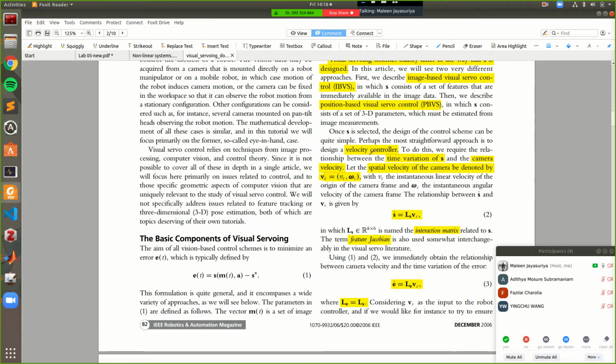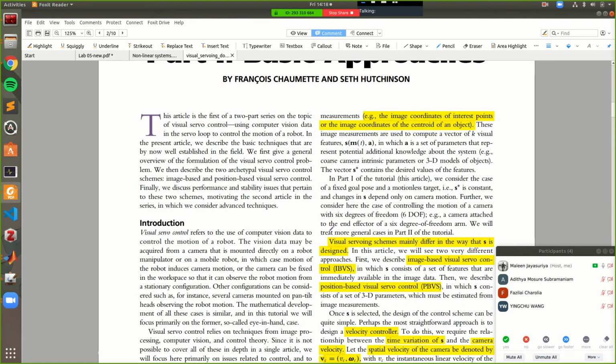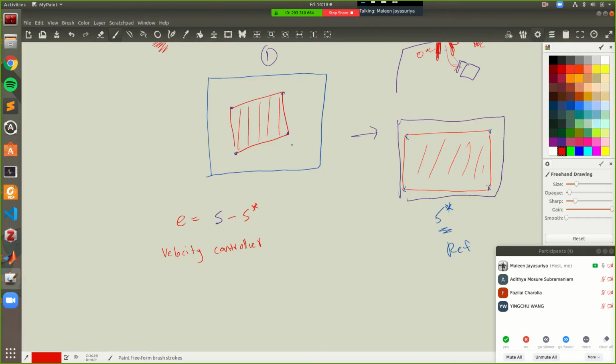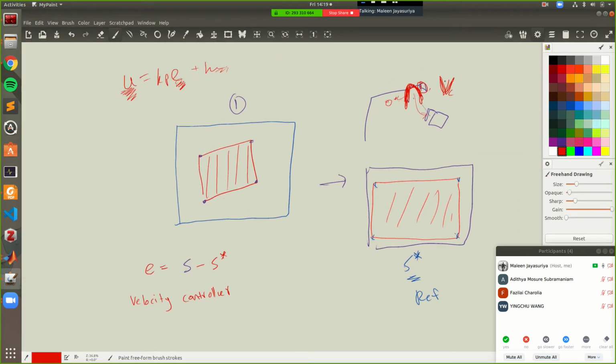So if the gripper is moving, if there's a velocity to the gripper, what's going to happen to your features? Your features are also going to have a velocity.